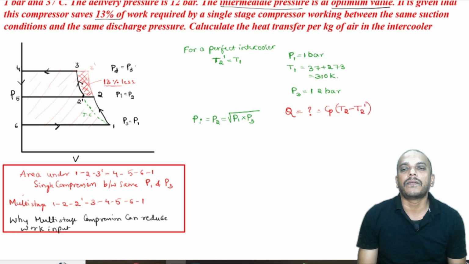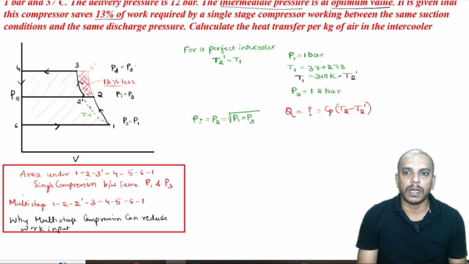If we can find out the values of T2 and T2 dash, we will be able to find out the amount of heat rejected in an intercooler. Now, let us find it out. T1 is given, so this is nothing but T2 dash, as we have discussed, for the intercooler. Now, if we find out T2, that will be fine.